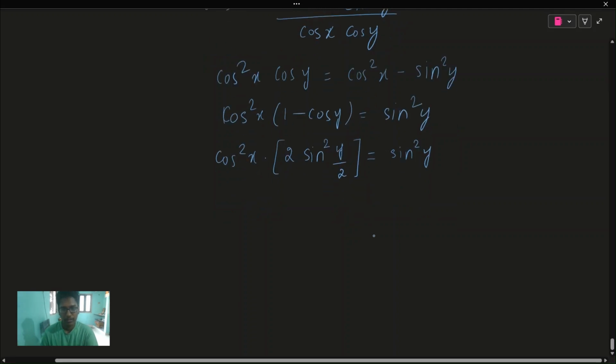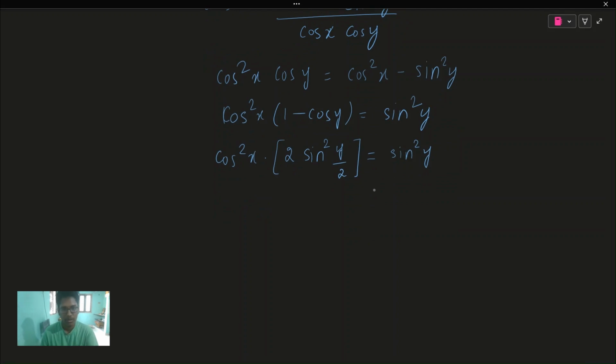Now, also I can adjust this sin square Y as, cos square X dot 2 sin square Y by 2 equal to 4 times, which means 2 dot 2 sin square Y by 2 and cos square Y by 2.